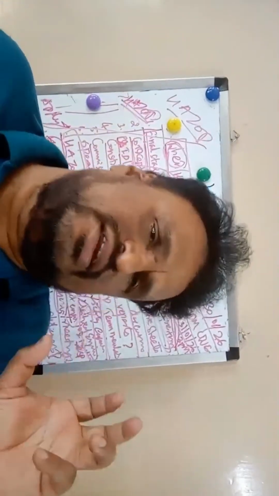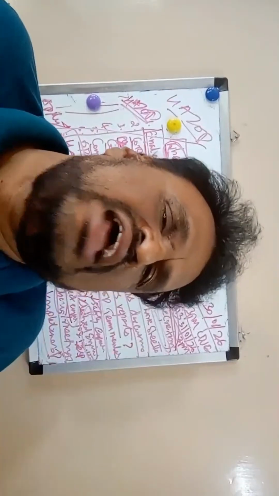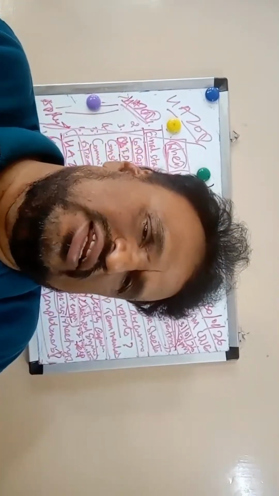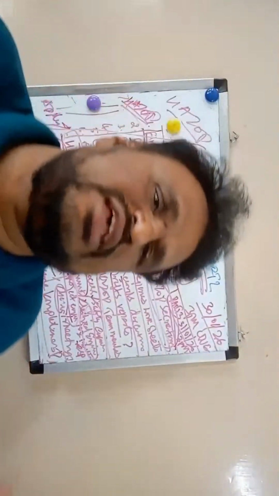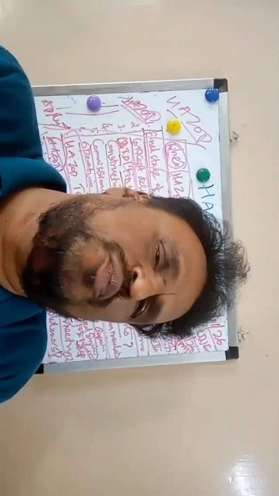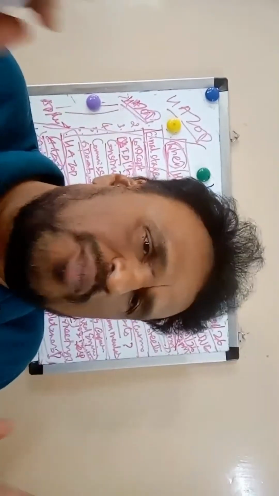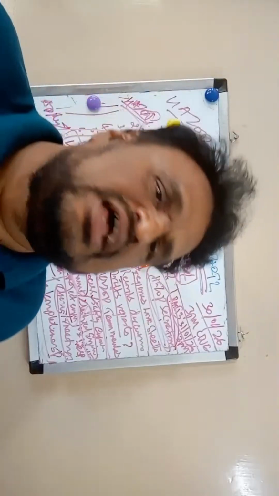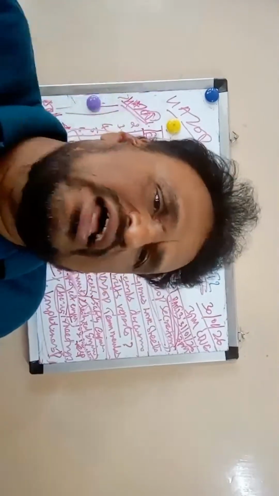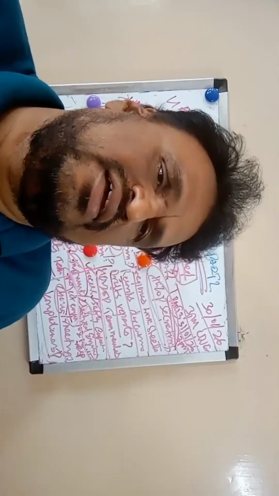All these people sit together, discuss, and do the HAZOP operation. Here the HAZOP team leader has more responsibilities: to define the scope, to hold proper meetings, and to complete the HAZOP studies. So this is what the team positions tell you.